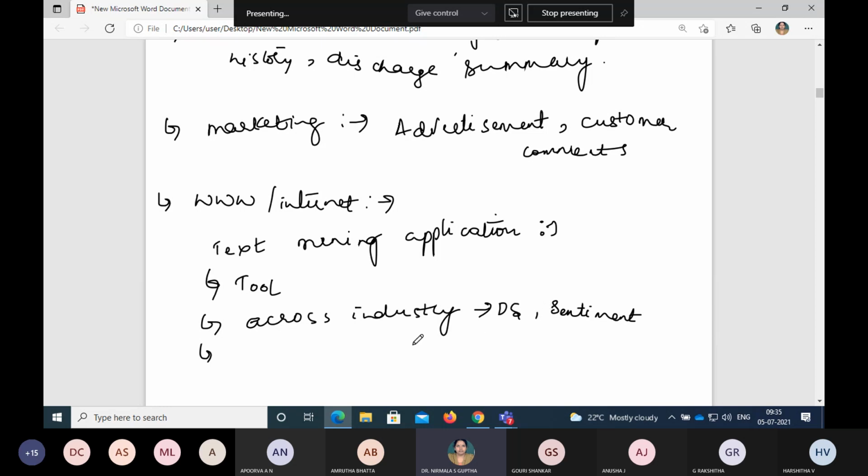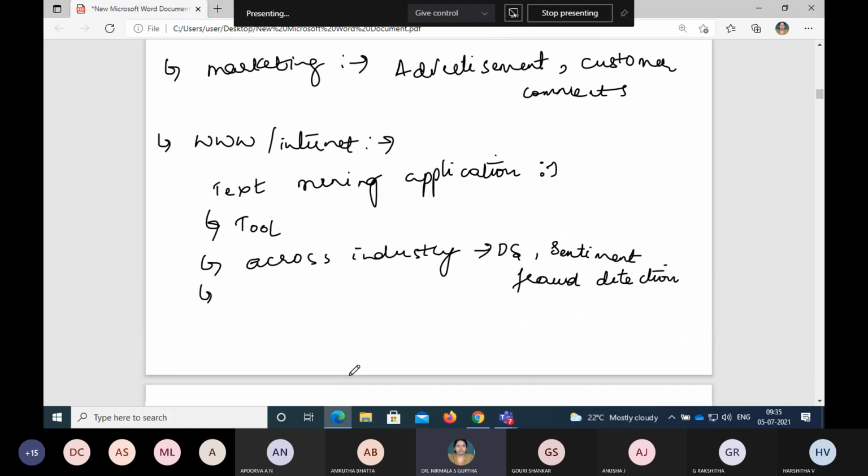Or when you are sharing your banking information in internet banking, obviously fraud detection, or even survey analysis, and many more across industries. Let us quickly look into a few applications.